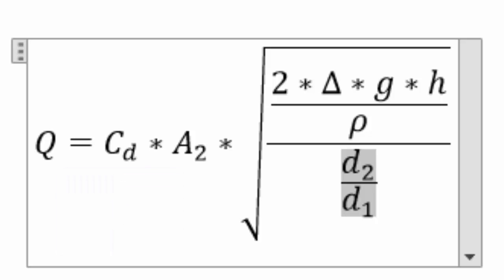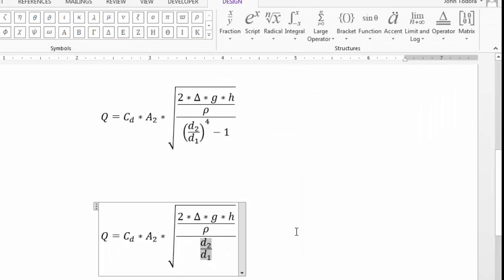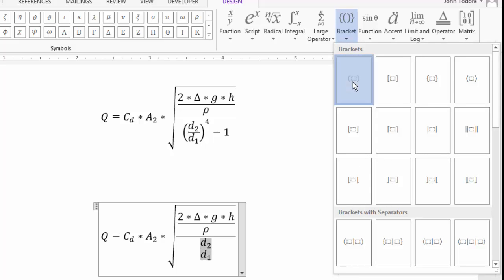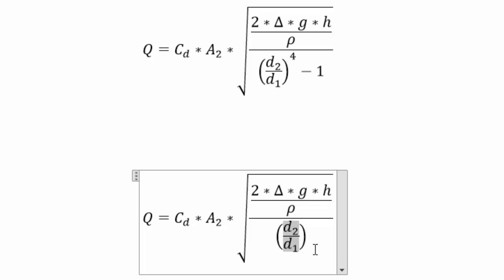Now that that's done, I'm going to add parentheses or brackets. So I'm going to come up in my structures group under brackets, drop this down, and I'm going to choose parentheses, click on it, and I get parentheses around my fraction.